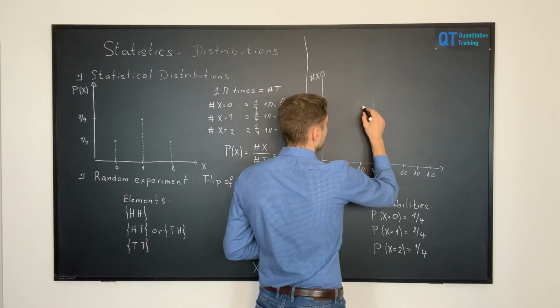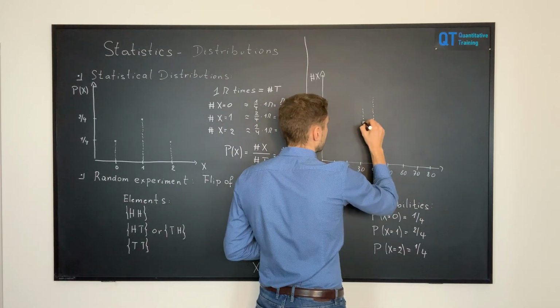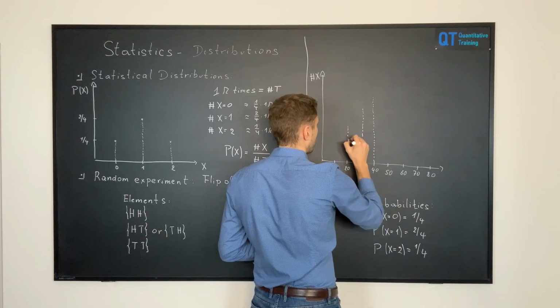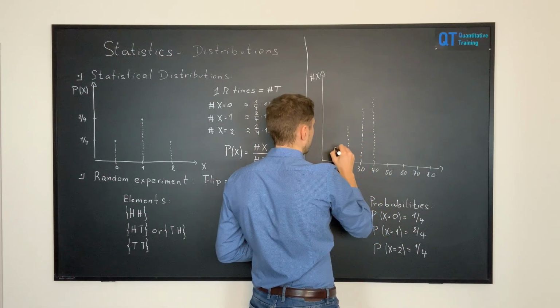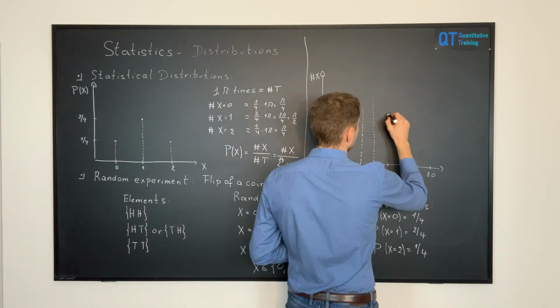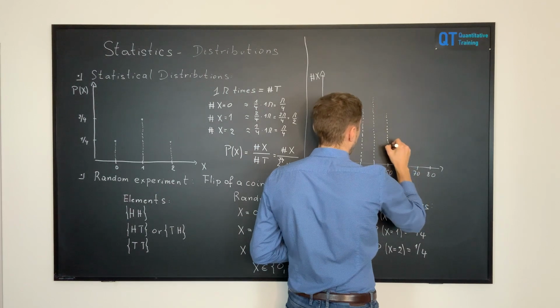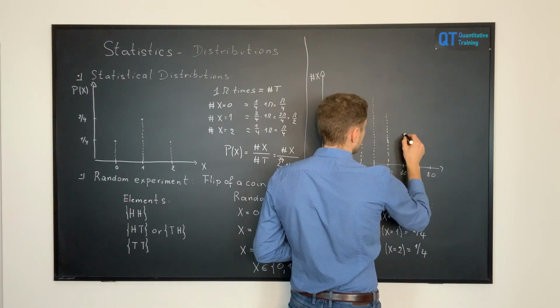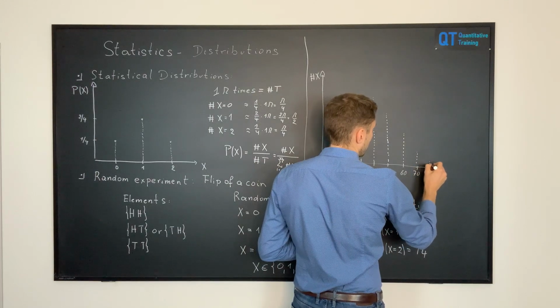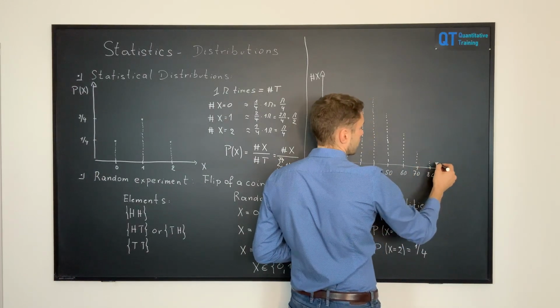So for 30 we would be somewhere here, and 20 somewhere here, and 10 somewhere here, and 50 maybe somewhere here, 60 somewhere here, 70 somewhere here, 80, and we could even go higher, 90, etc.